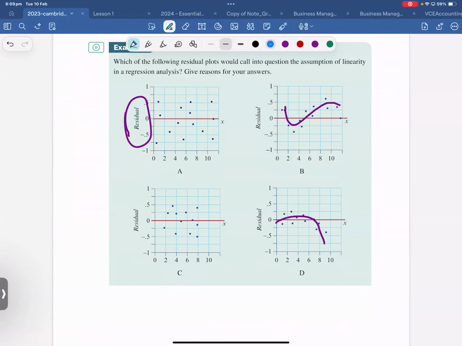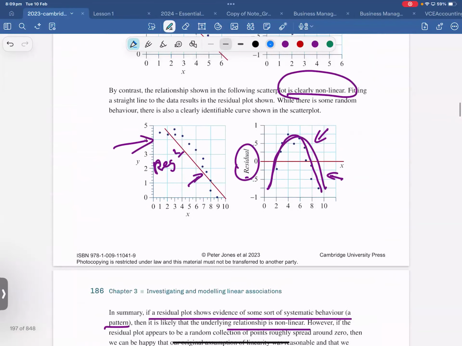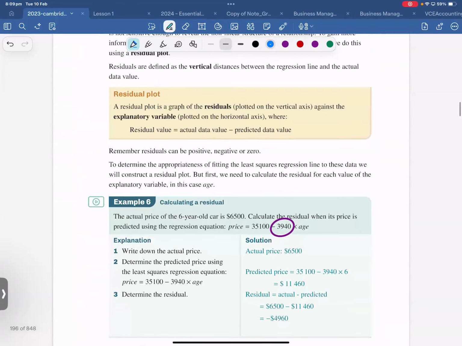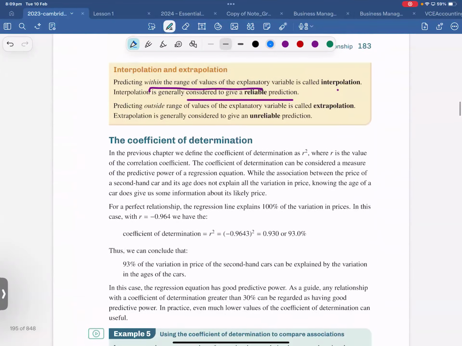Yep, correct. So B times standard deviation of y over standard deviation of x.